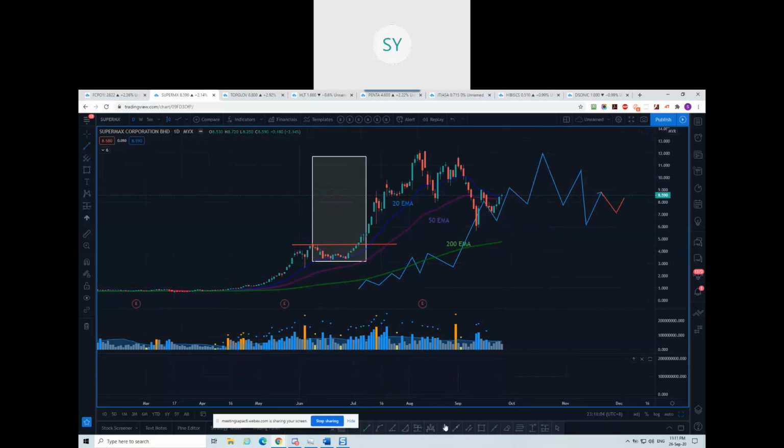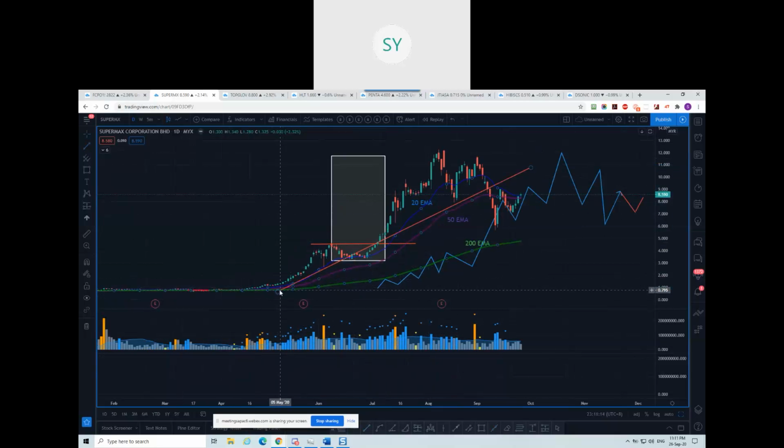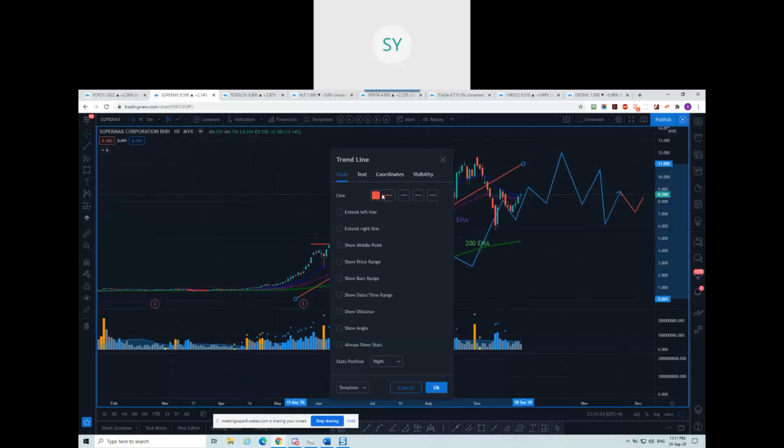And like I just explained to you how you can draw an uptrend line. You can draw an uptrend line like this. This uptrend line I taught you how to draw: connect the low to the low. Probably change the color to green.